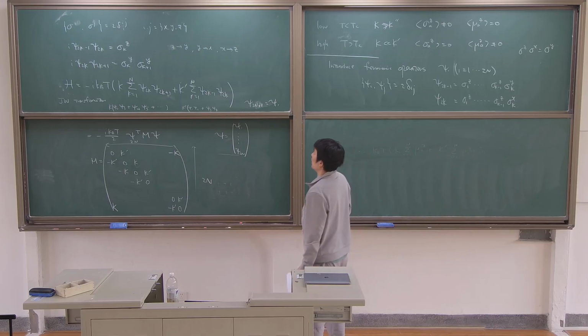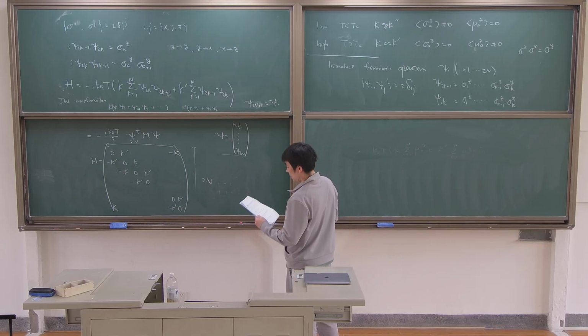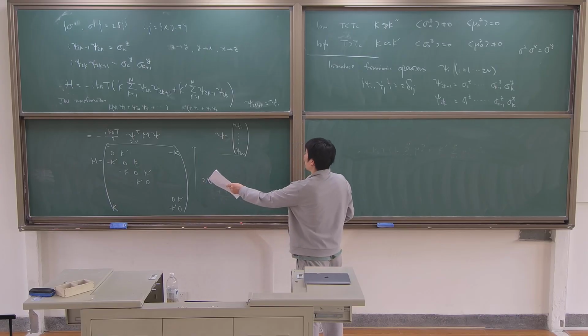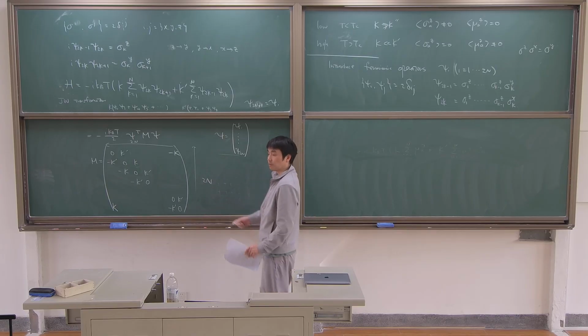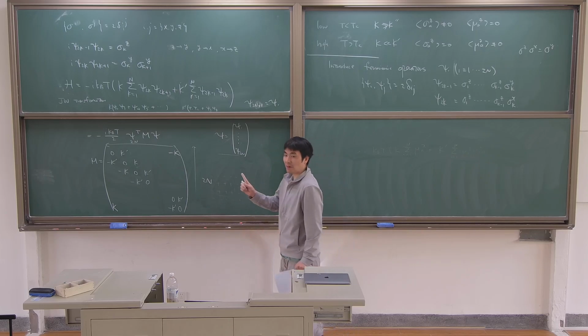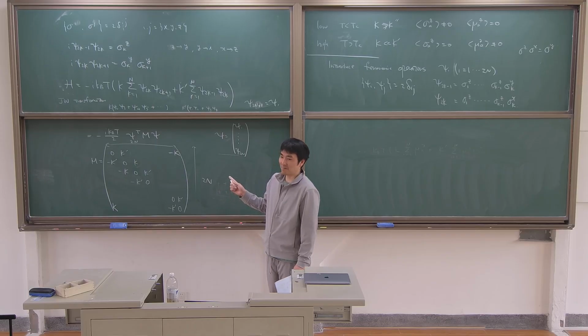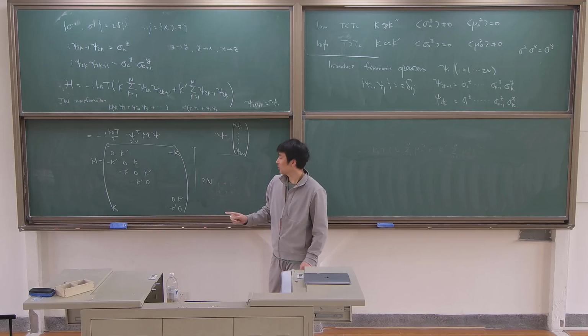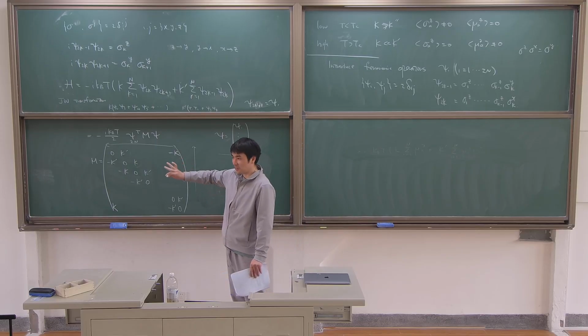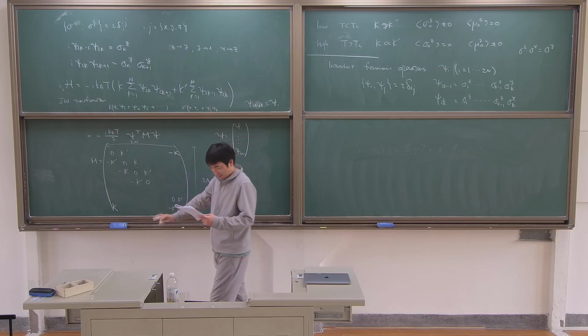Okay, and then what's really happening is that we try to diagonalize this 2n by 2n matrix. This is how we should learn Fourier transformation. Fourier transformation is literally to diagonalize this Hamiltonian.